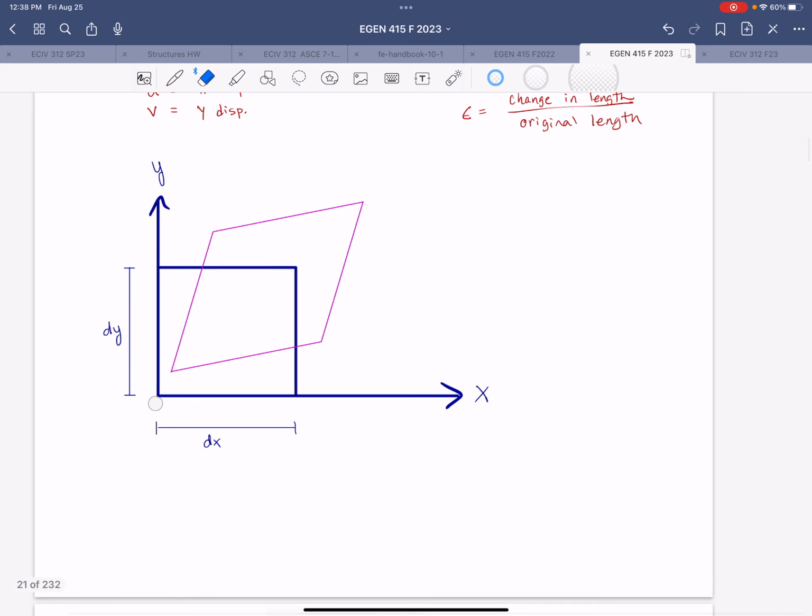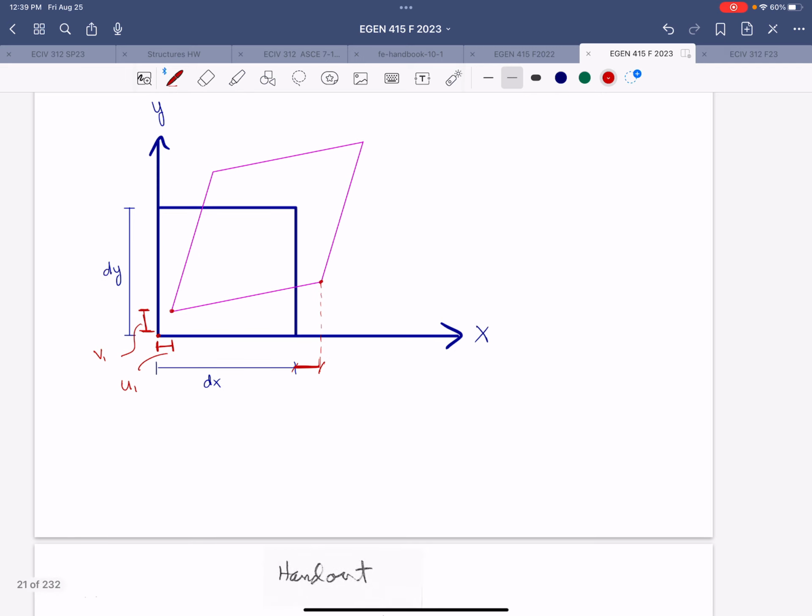All right, so this distance right here, we'll track this point. We'll call that U1 as the displacement of that corner in the x direction, and V1 will represent the vertical displacement of that corner. Now, if we look at this corner over here, this distance is not the same as U1, right? It's a little bit larger.